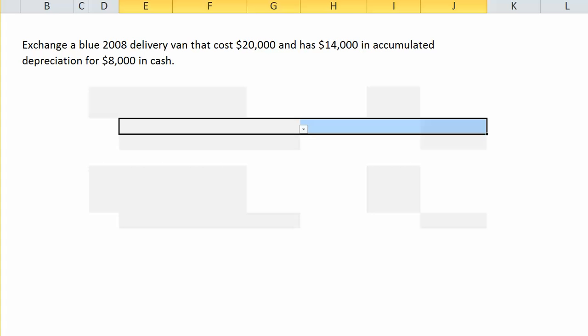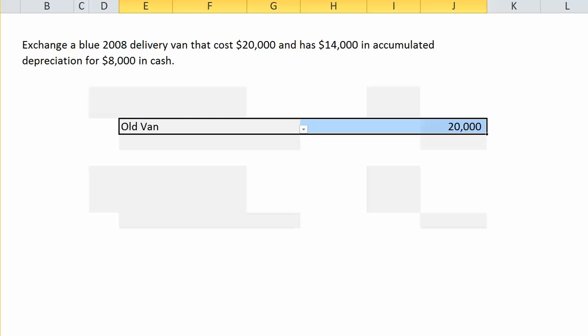Let's consider the exchange of a blue 2008 delivery van that originally cost $20,000 and has $14,000 in accumulated depreciation for $8,000 in cash. What do we do? Well, first thing we would do is take the original cost of the van off our books, so we'll credit the old van for $20,000.